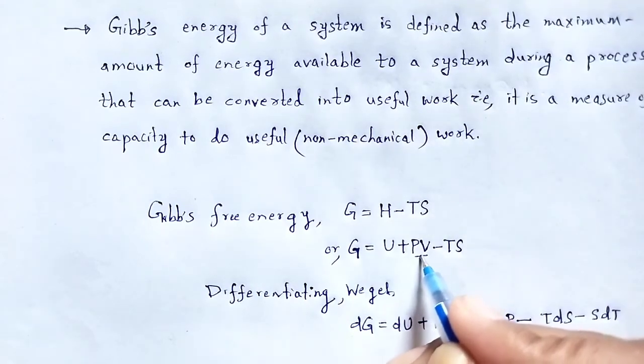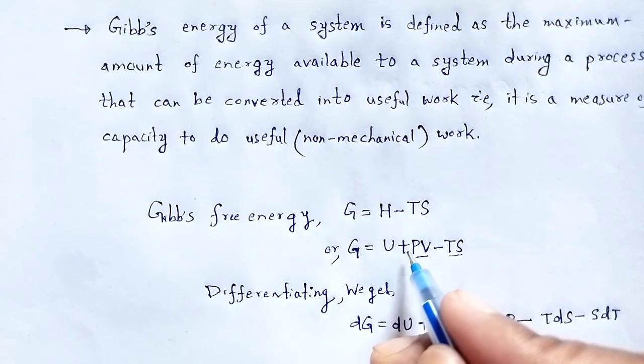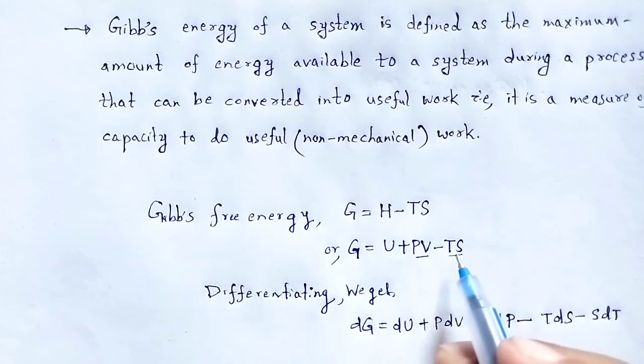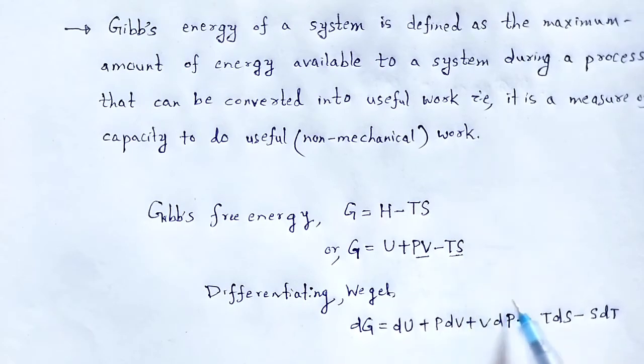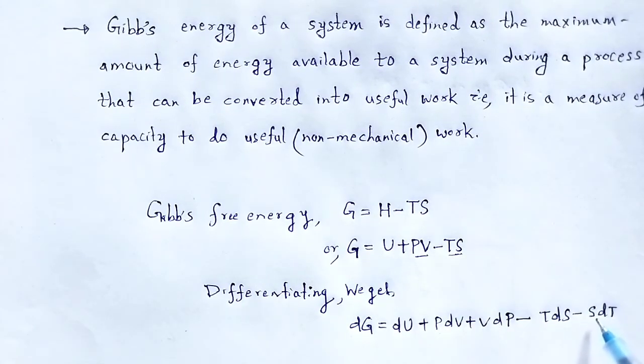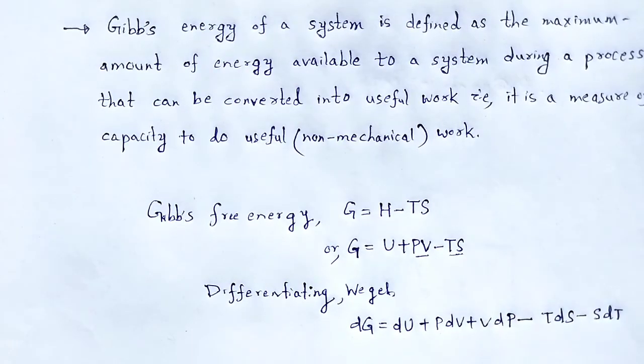Here the multiplication of two terms is an exact differential, so we take the derivative of the first term with the second term as constant, plus the derivative of the second term with the first term as constant. That is the multiplication rule of differentiation used here.